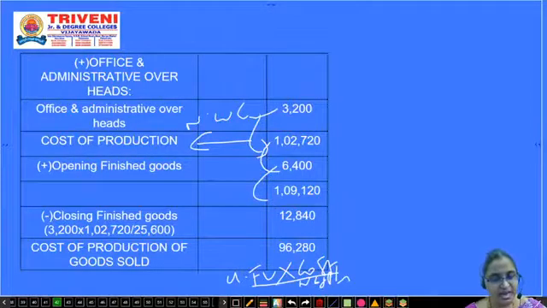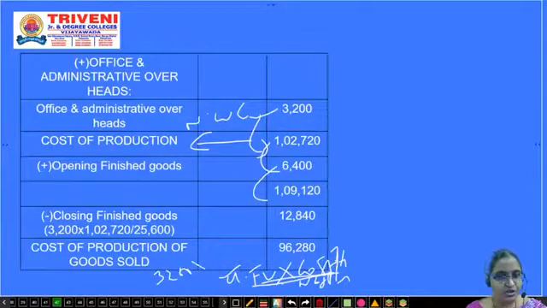The amount was calculated with the help of the formula. The formula was closing finished goods units into cost of production divided by number of units produced. So, closing finished goods units was 3,200 into cost of production, which you already found, 1,02,720, divided by number of units produced, 25,600.